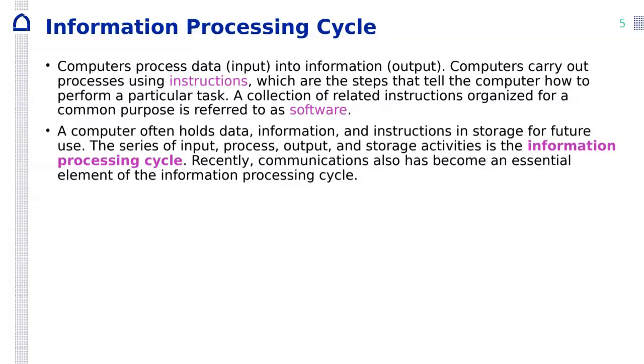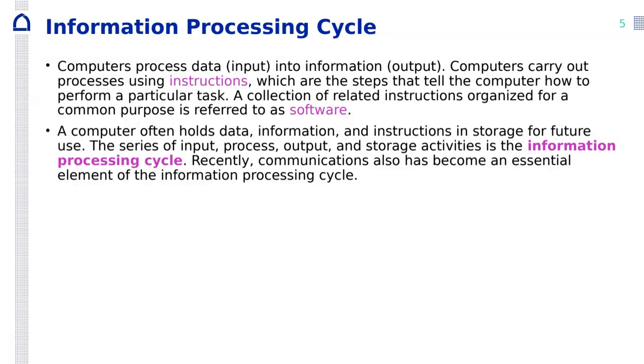The information processing cycle inside the computer. First, the computer processes input into output using some processes. These processes are called instructions, or steps. They are the steps that tell the computer how to perform a particular task.